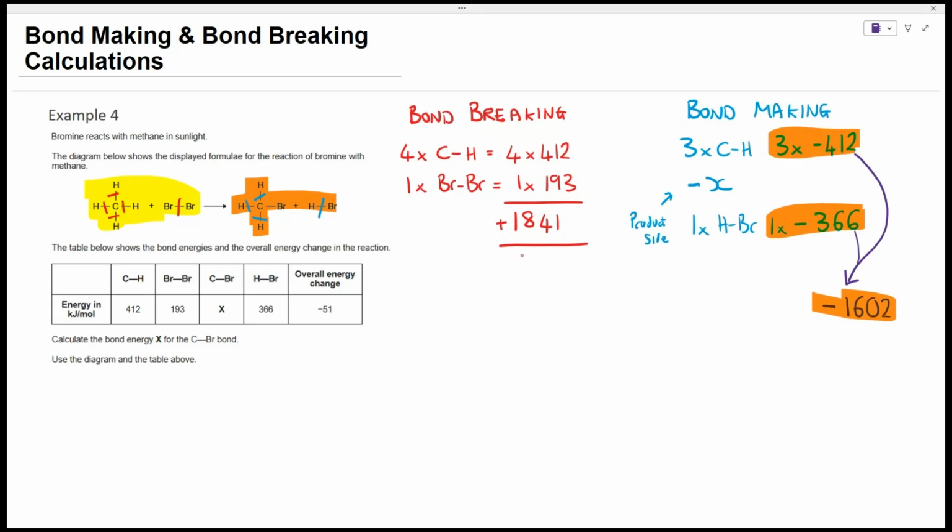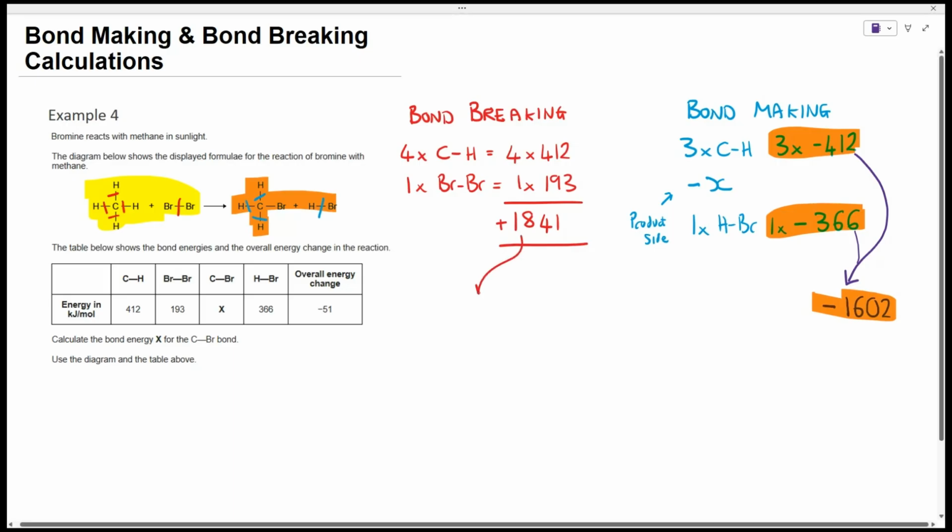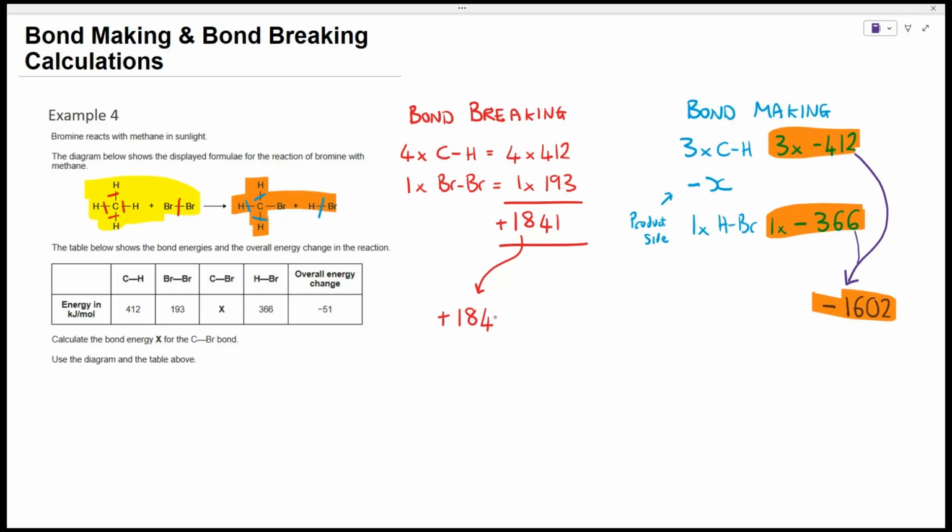So what I do now, and this is quite an important step, I write an equation as if I would do in maths, and all of my bond breaking values are going to be positive. Now thankfully I've only got one, it's 1841, so that's going to go in there as positive 1841. All of my bond making values are going to be minus.